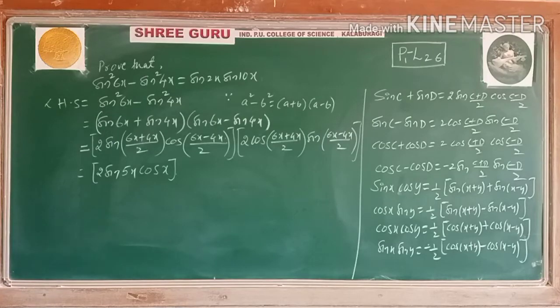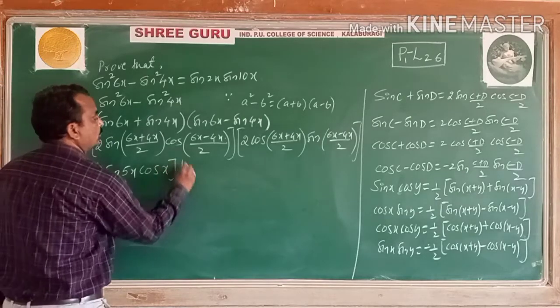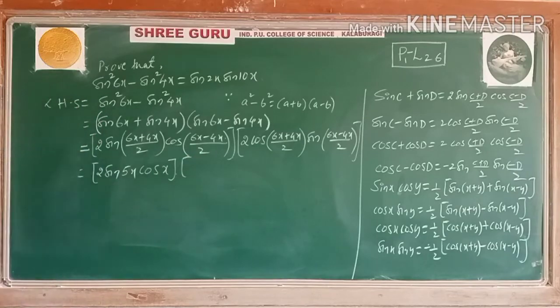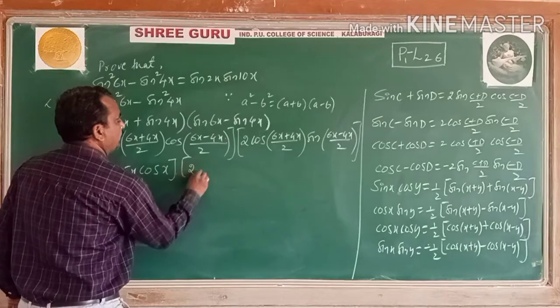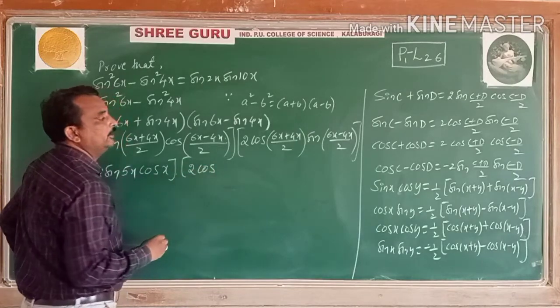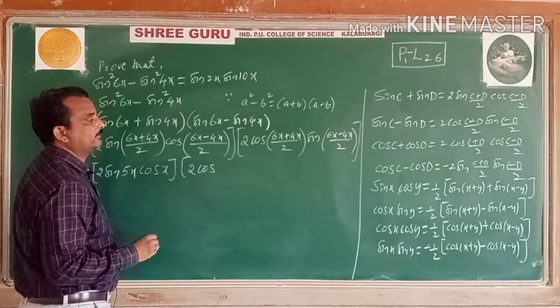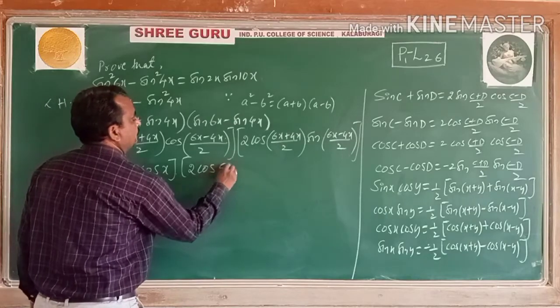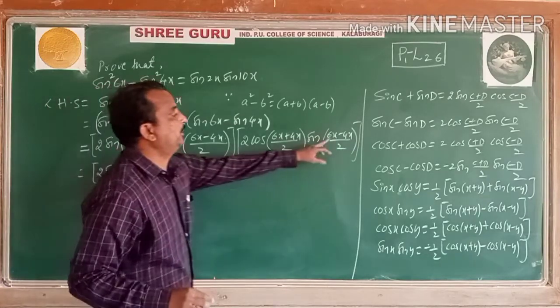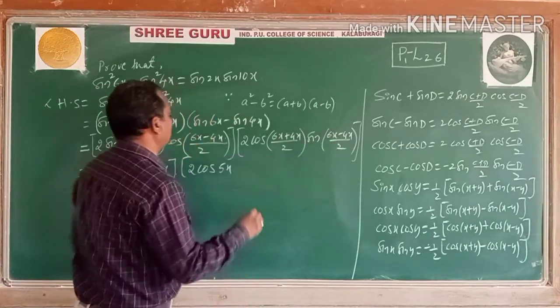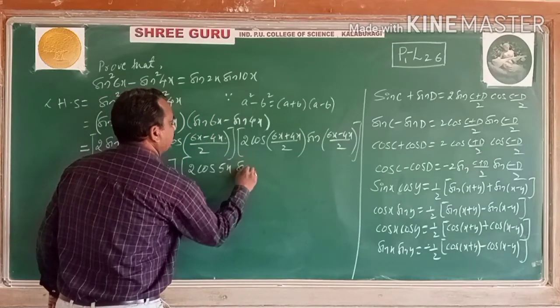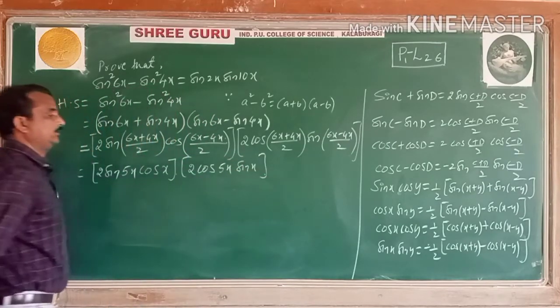The next, into the bracket, 2 times cos of (6x plus 4x), 10x divided by 2, 5x, and (6x minus 4x), 2x divided by 2, that is x, sin of x, after the simplification here.